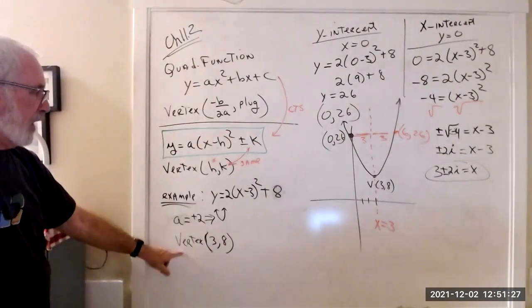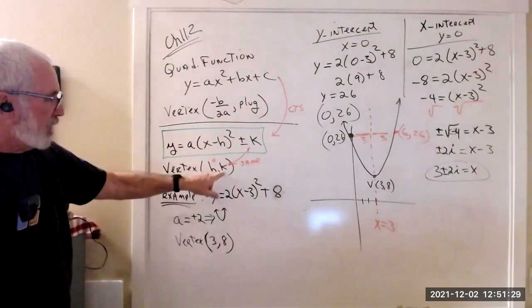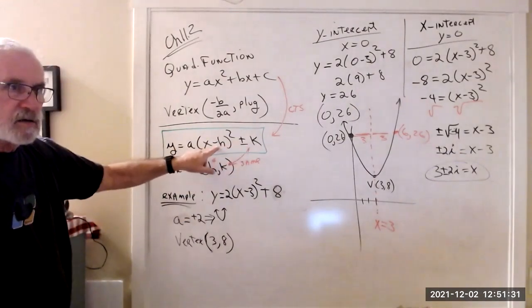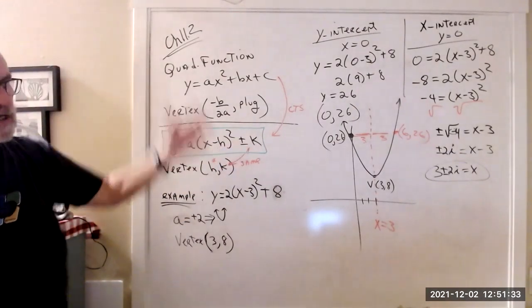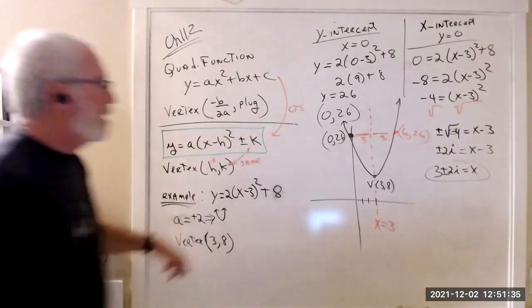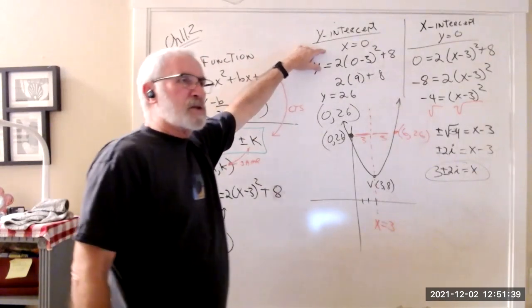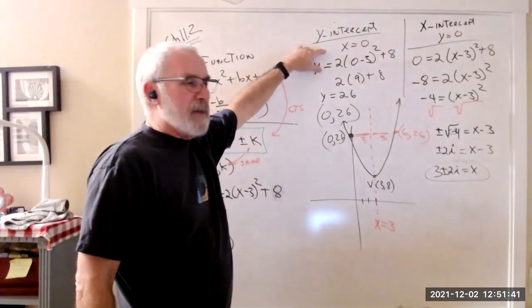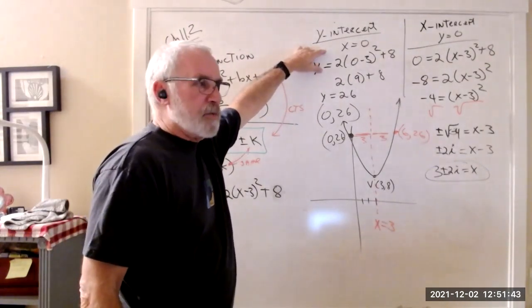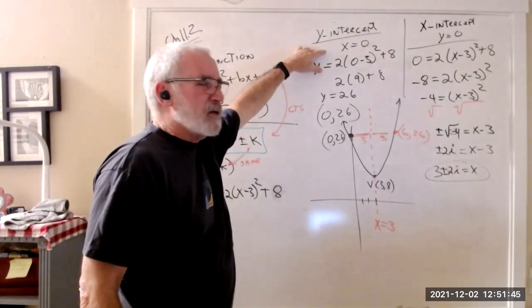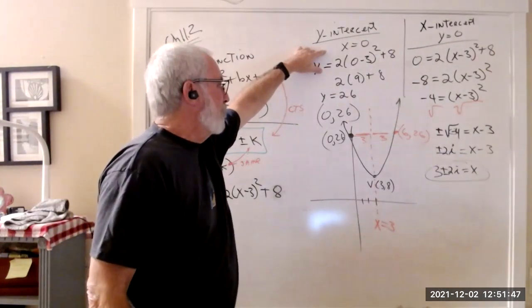Then I found the vertex. I found it by using h, k. Remember, I had to use that opposite trick. Then I found the y-intercept. That wasn't as easy as it was before. It was still arithmetic, it's not bad, but it wasn't quite as easy as it was before.